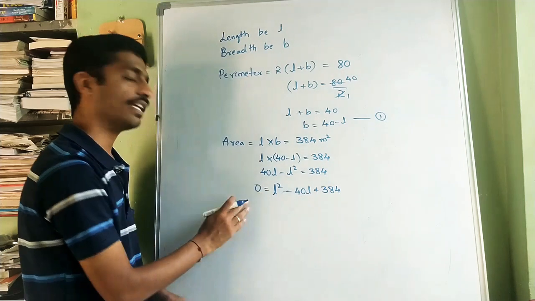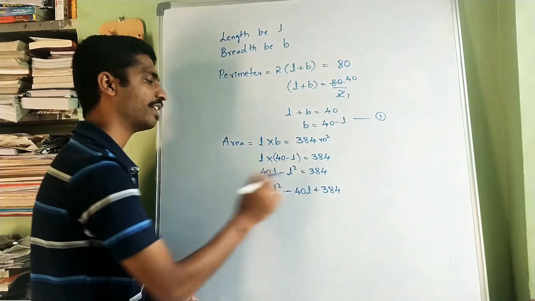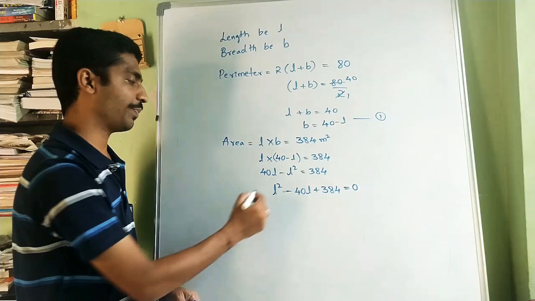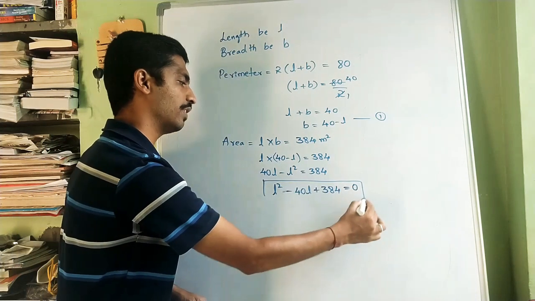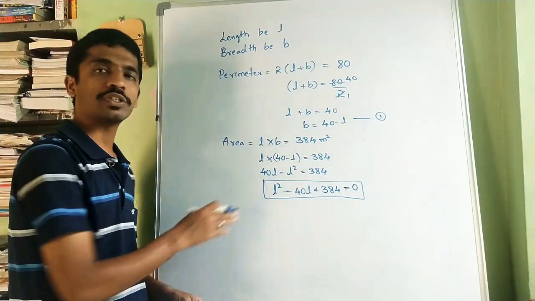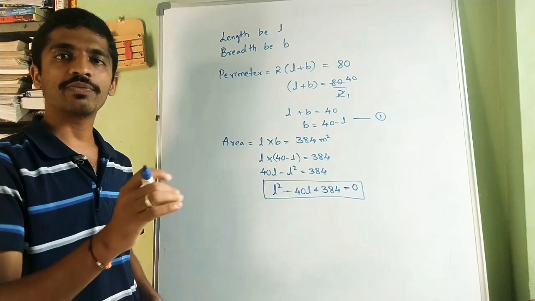So instead of writing 0 equal on left side, better write it on right side. So you will get here one standard form of quadratic equation. So this is our equation. So now solve this equation again by factorization or else by the quadratic formula.